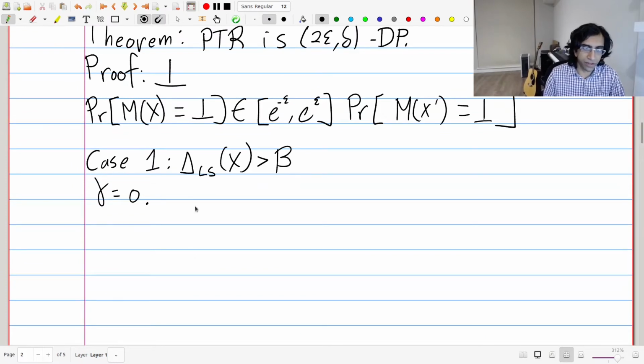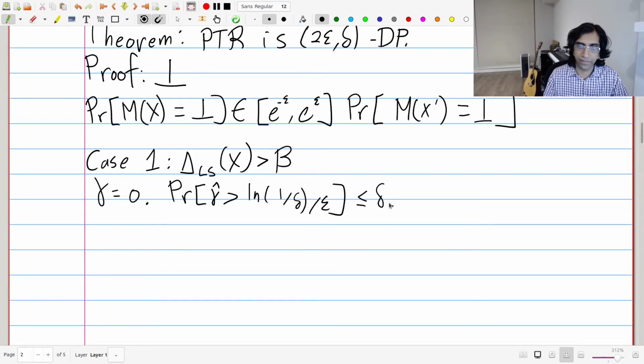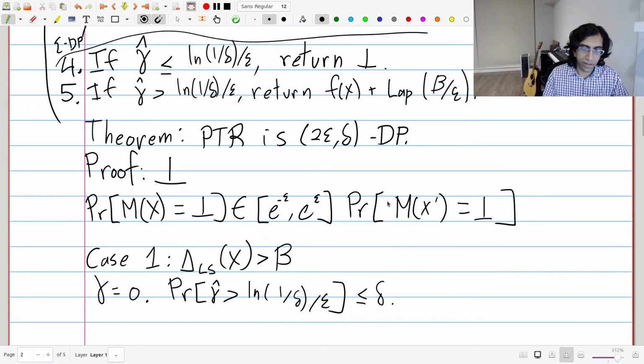And from this, we have that the probability that gamma hat is greater than the threshold we had, ln of 1 over delta over epsilon, is going to be less than or equal to delta. In fact, I think it's going to be exactly delta.